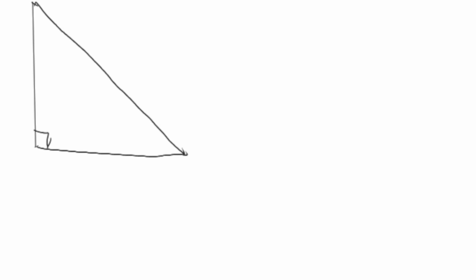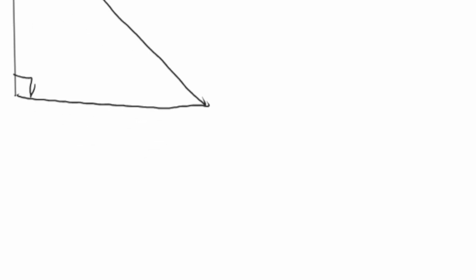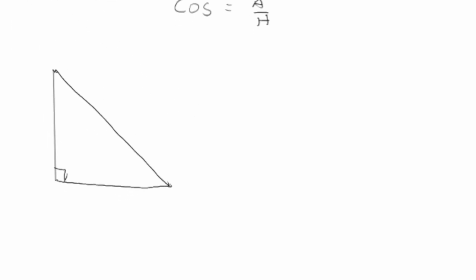Let's identify our opposite, our adjacent, our hypotenuse, and label it A, B, C. We said that our hypotenuse is always opposite to the 90-degree angle. So the line opposite the 90 degrees, line AB, will be our hypotenuse.